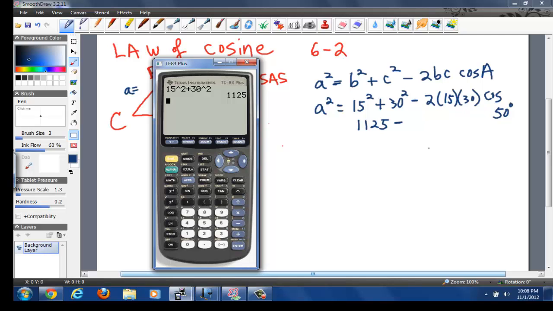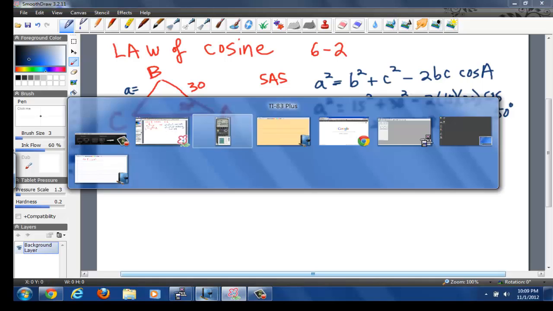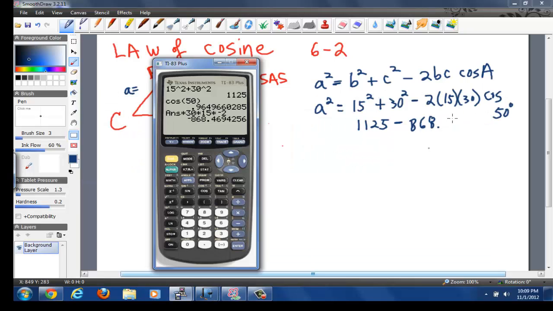I'm gonna do cosine of 50 first, times 30 times 15 times negative 2. It's gonna be negative 868 point something there.